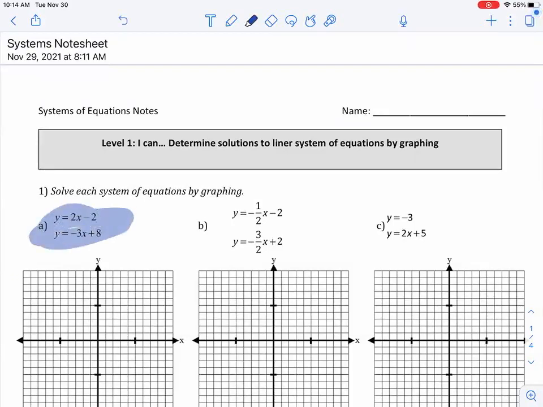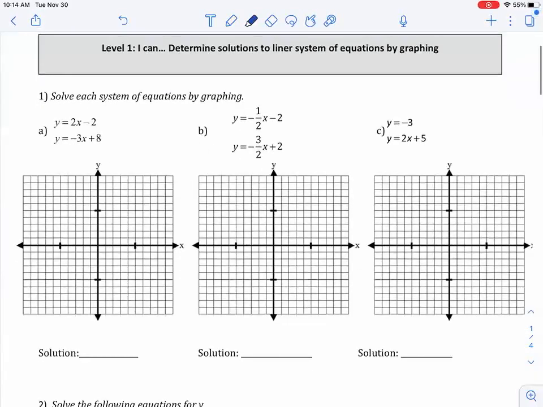So if there's two equations, we need to come up with the magic sequence of numbers that makes both equations true. So there is only one single x and y value that make both of these equations true, and we want to find them. One way we can find them is solving by graphing.